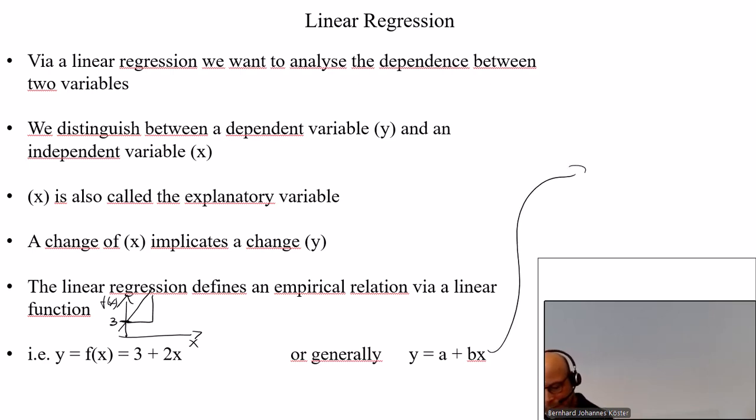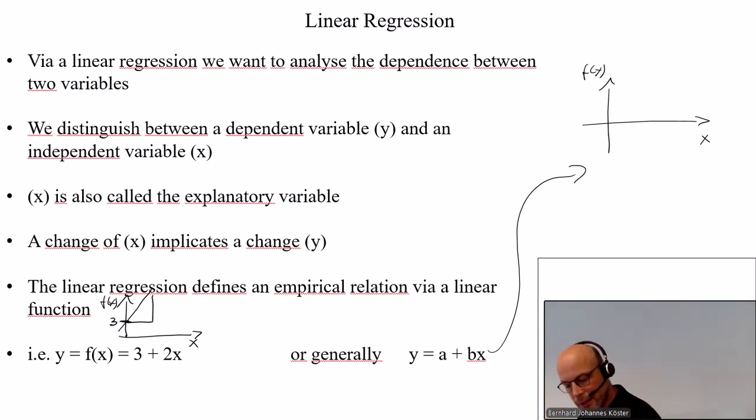Or in general, if I say I have 2 parameters, a and b, then in general f of x could look like this, where a and b are larger than 0. Or it could be also falling, where a is larger than 0, but b is smaller than 0.